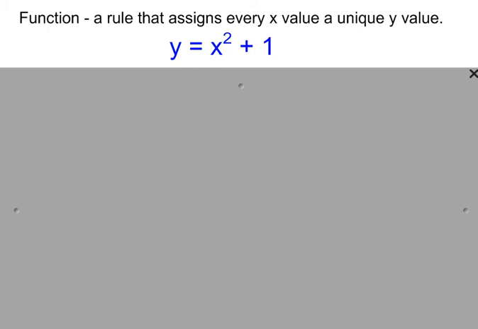For example, if I plug in 2 for x, the only answer I could possibly get is 5. Now, if I did the opposite, if I plugged in 5 for y, I could possibly get 2 answers for x, 2 or negative 2. So the definition of a unique value for y is only getting one possible answer when you plug in a value of x.